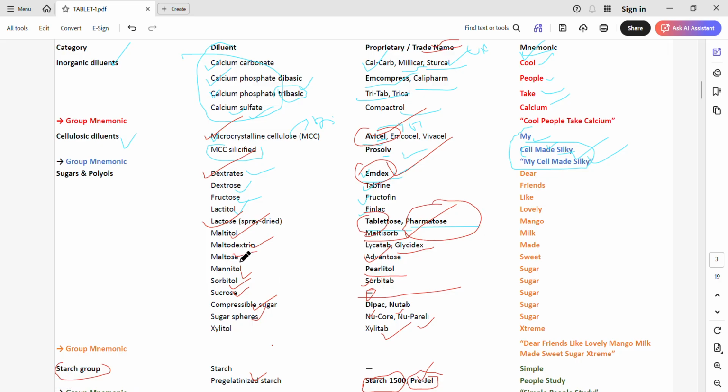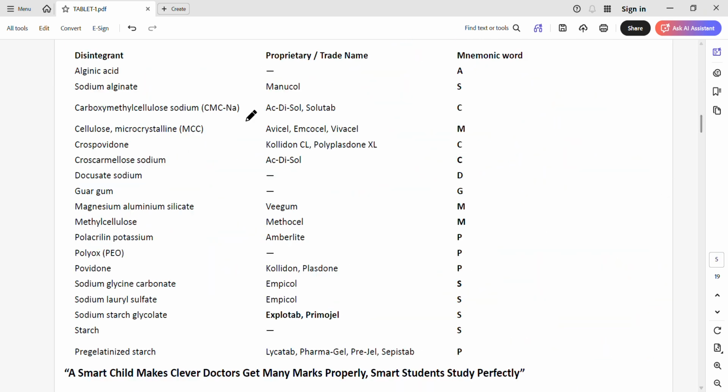Then we have to know compressible sugar, which is Di-Pac and Nutab. Then another one is pregelatinized starch, which is Starch 1500. So mainly 5 to 6 diluents we have to remember with their proprietary or trade names. Okay, now we discuss mainly the disintegrant of the tablet.